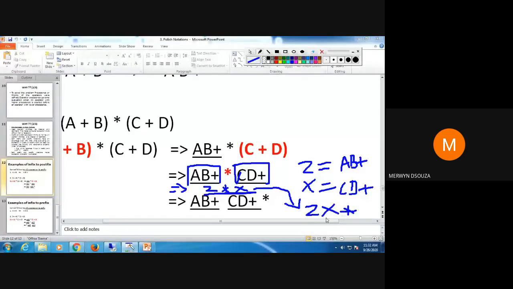In the next step, you will resubstitute and you will get AB plus CD plus multiply. That is how you would solve an expression like this.